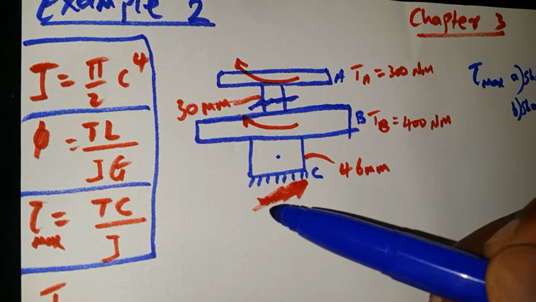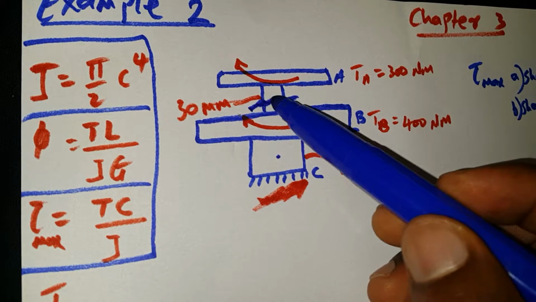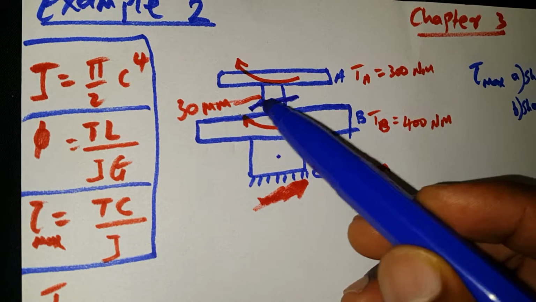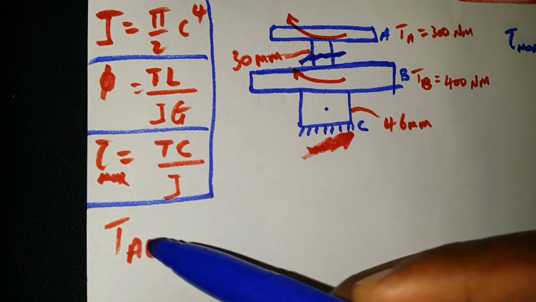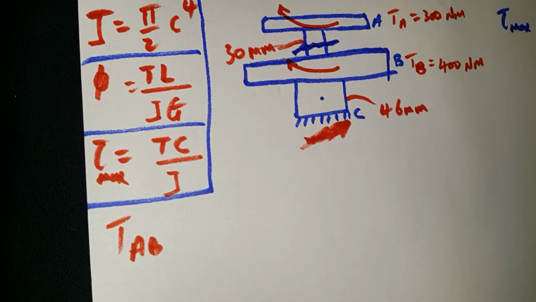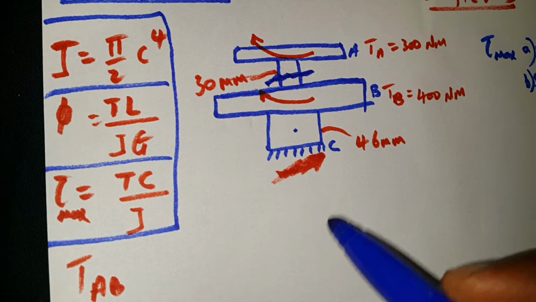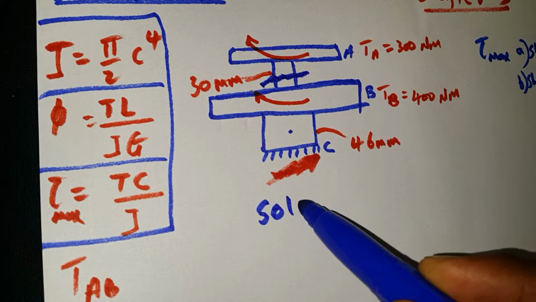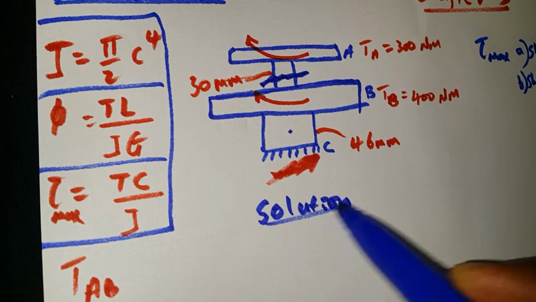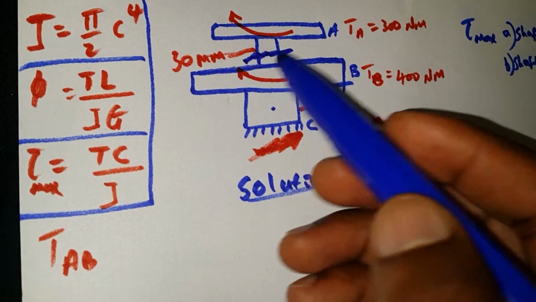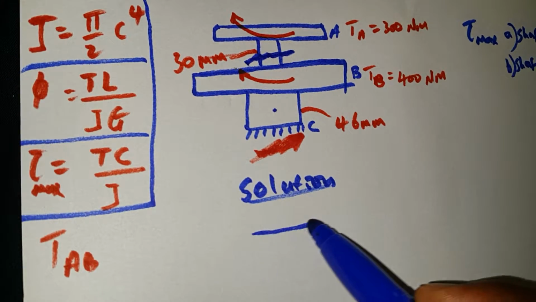The first thing to do is to cut this place to find the reaction torsion of the member we are looking for, AB. So let's find TAB. If you cut it, here is our solution. When we cut it, we will find something. I cut it somewhere here, so I have something like this.